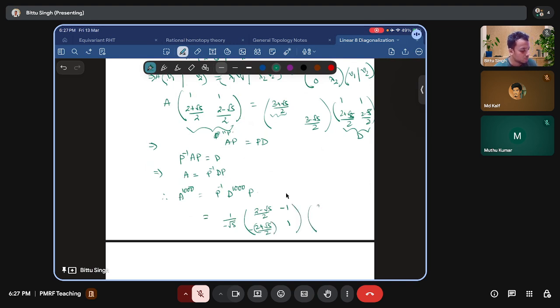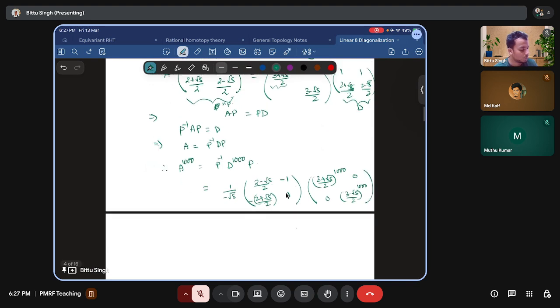And now what we will do is ((3 plus root 5) by 2) to the power 1000, and ((3 minus root 5) by 2) to the power 1000. Those are the diagonal entries, the others are zeros, times P, and P is [1 1; (2 plus root 5) by 2, (2 minus root 5) by 2].